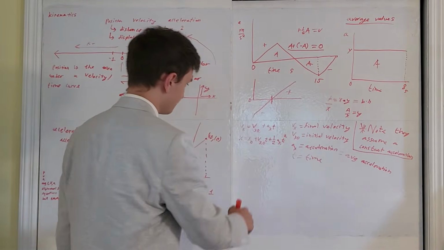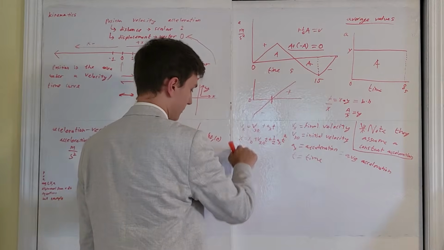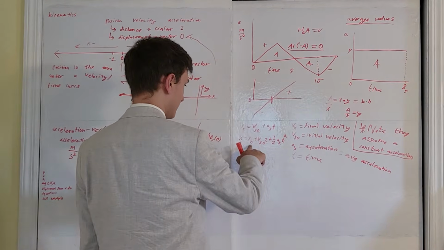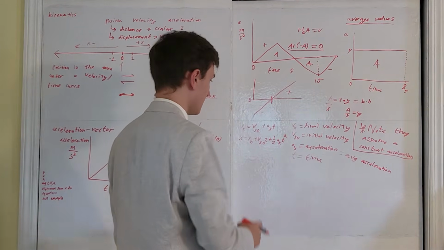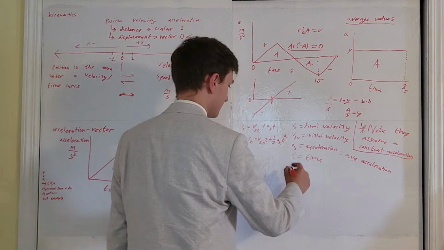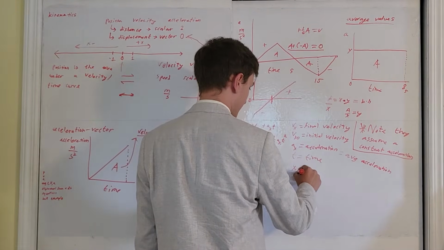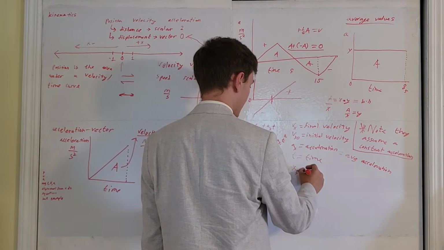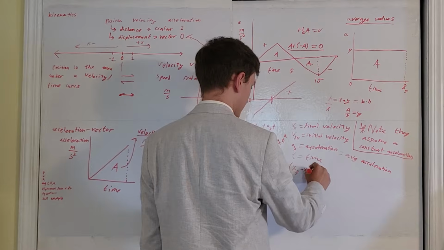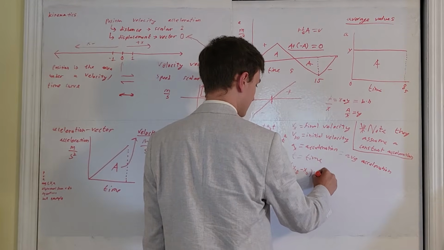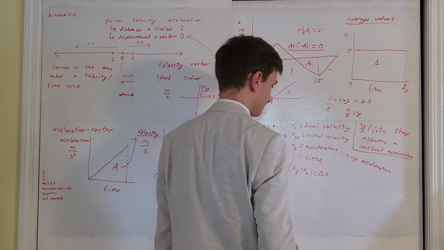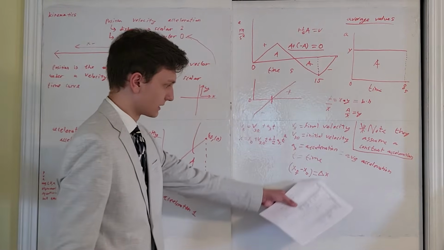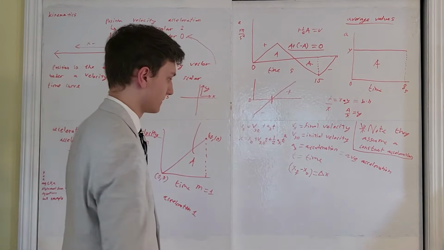In this equation, we have a final position, we have an initial position. Now, it's important to note that if we take our final position in the x direction, minus our initial position in the x direction, that gives us the change in position. Okay? That's what the delta symbol means, change in position.